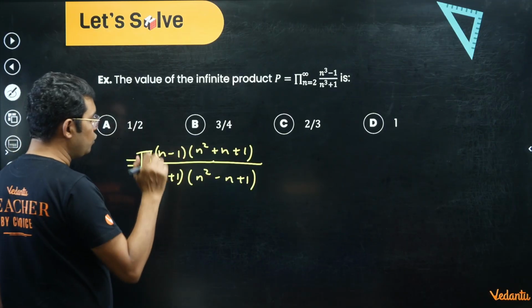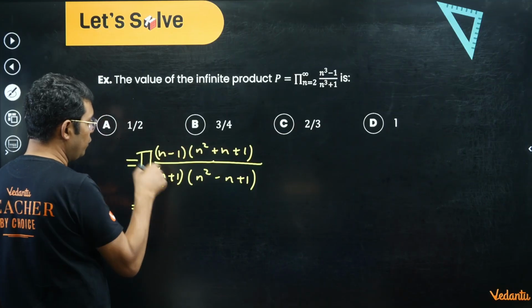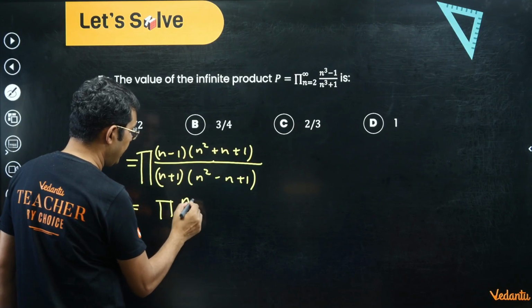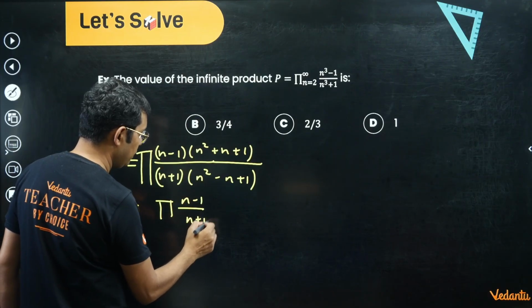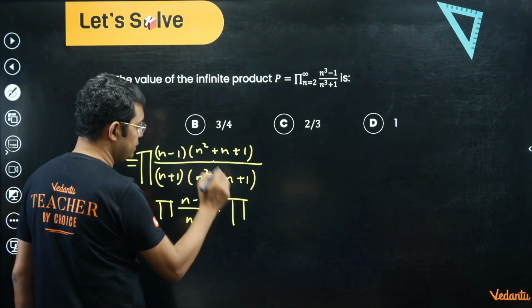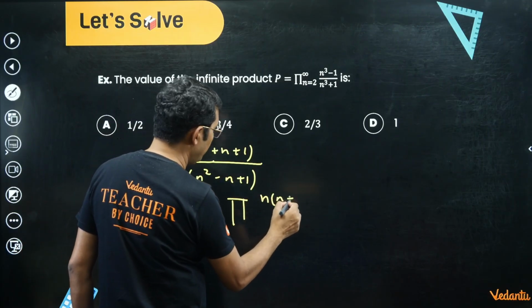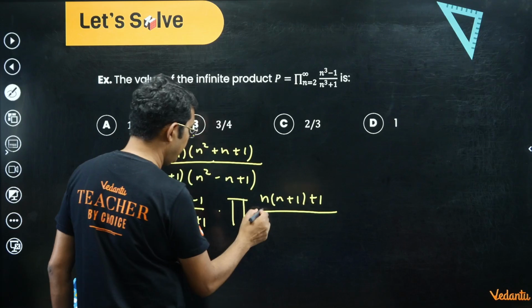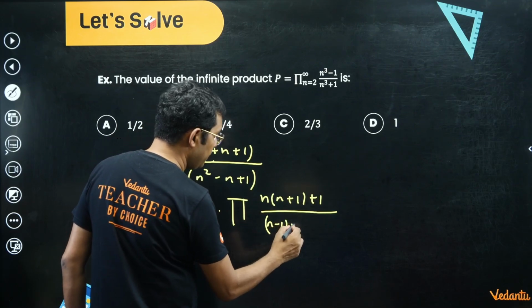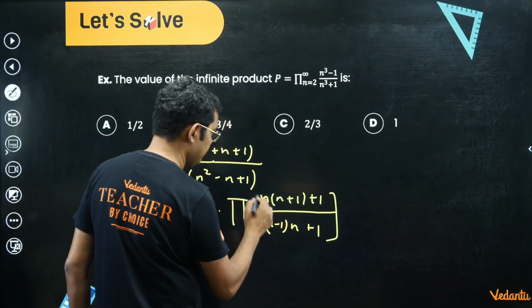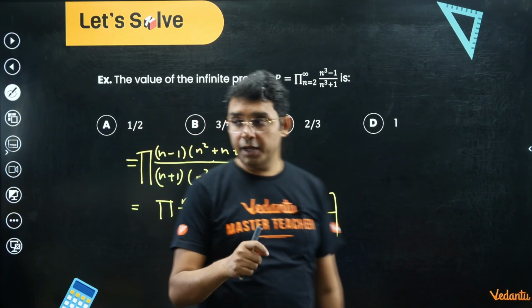I will split it into 2 products. One coming from this n minus 1 upon n plus 1 into the product of this thing n square plus n plus 1, and here n square minus n. These two things I have split it into.